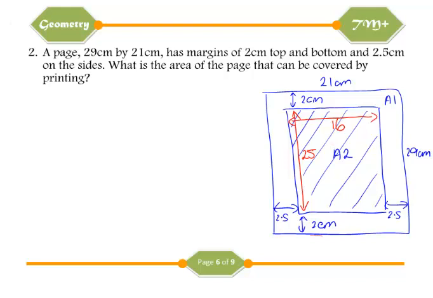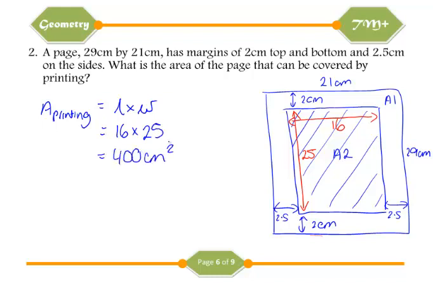Okay, so now we can come back, and the area for printing is going to be length times width, which is 16 times 25, which is 400 centimeters squared. Worded question, worded answer. Therefore, 400 centimeters squared can be covered by printing.